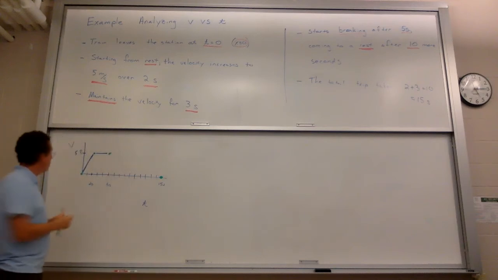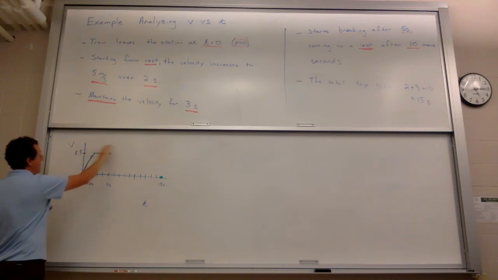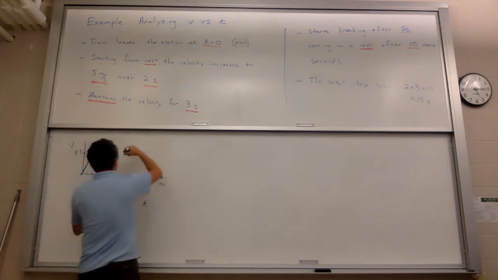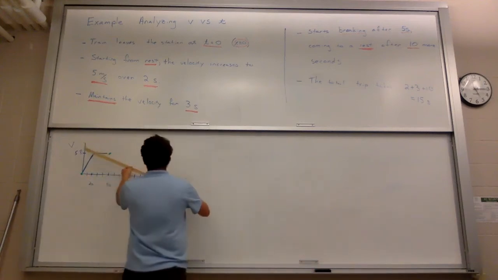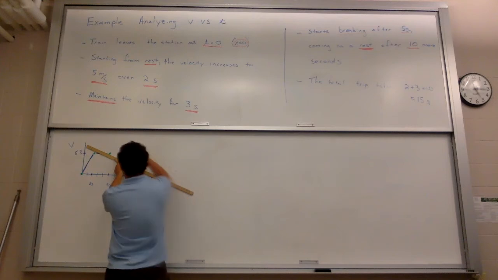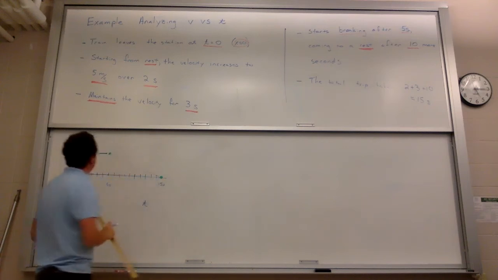Okay? So the velocity starts at 0, increases to 5, maintains 5, and is going to go down to 0 after 10 seconds. Well, I have to use a crutch here. I'm just not very good at this. So hopefully that's clear.